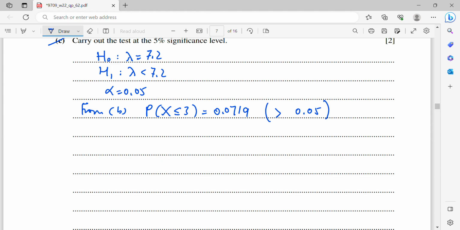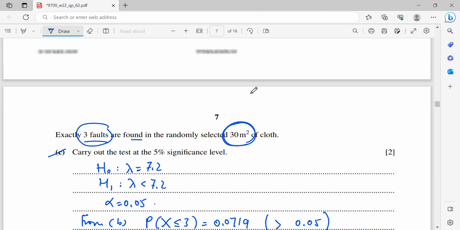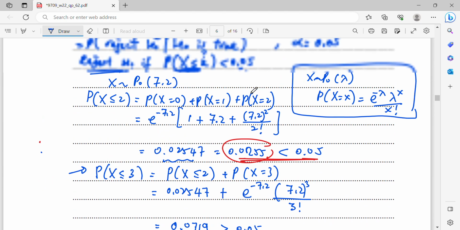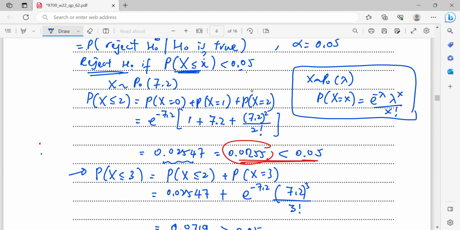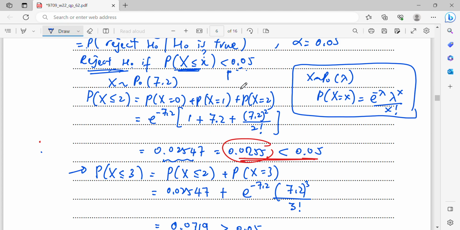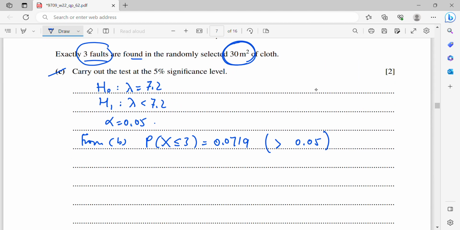So based on the previous conclusion, when it is greater than 0.05, we do not reject H0. Now we just write down the decision. Since P(X ≤ 3) is greater than alpha, that means we do not reject H0.